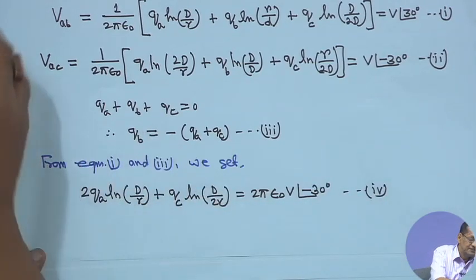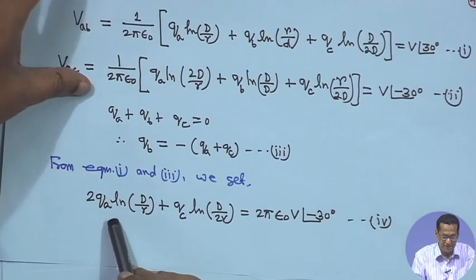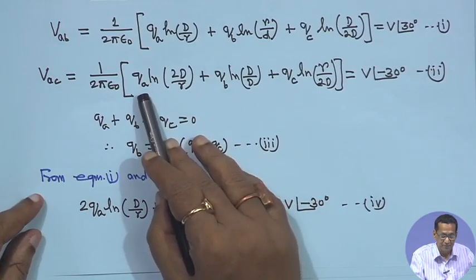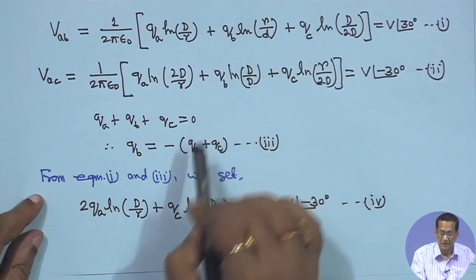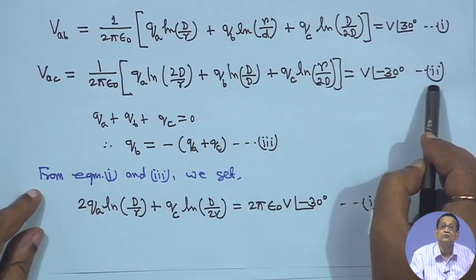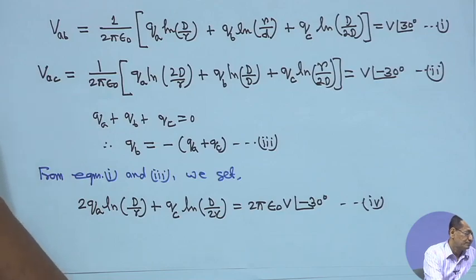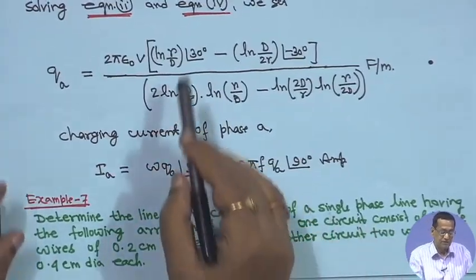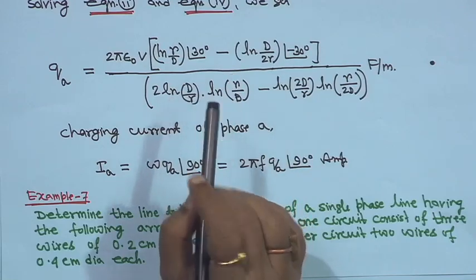Similarly, this expression is actually in terms of QA and QC. Equation 2 also is a function of QA and QC, because this term is 0. That means you solve equation 2 and equation 4, right. Therefore, if you solve equation 2 and equation 4, our interest is only QA.